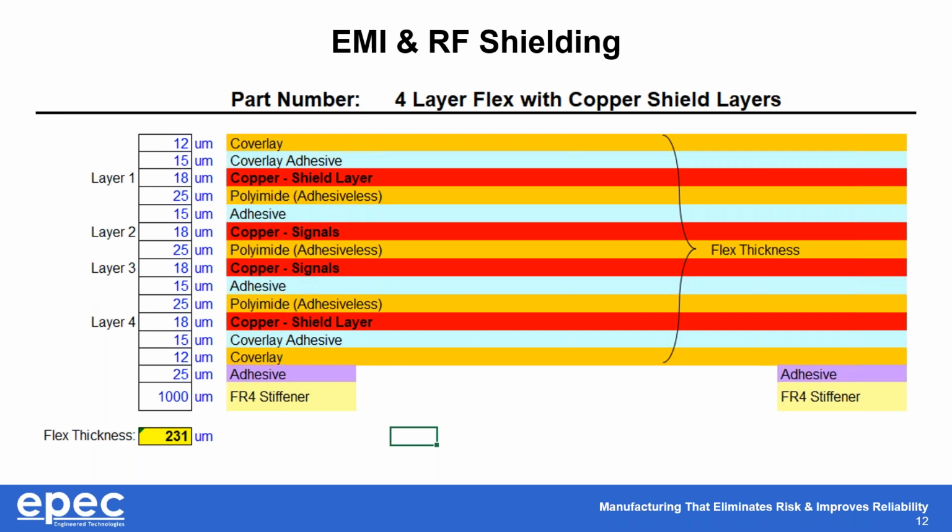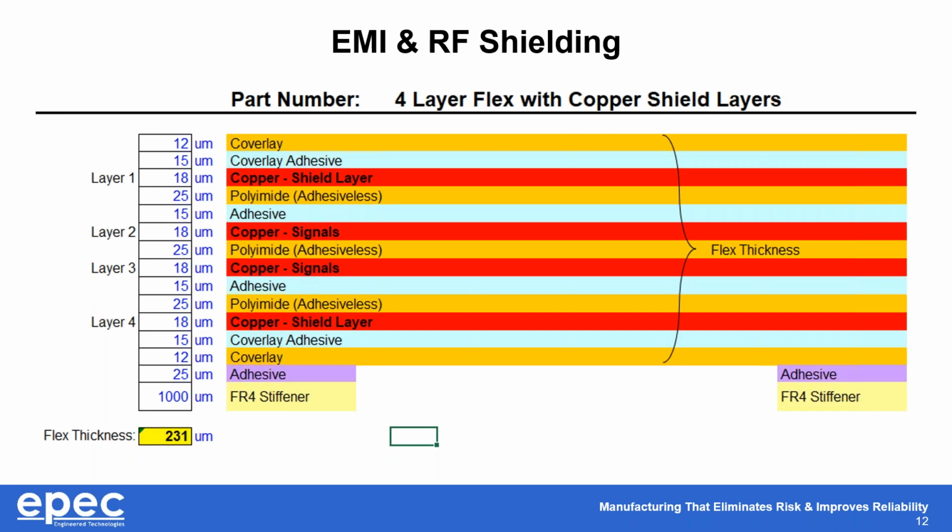So our design automatically goes up to 4 layers. We've got 3 internal polyimide adhesiveless cores as opposed to 1, and 2 additional layers of adhesive in order to laminate all this together.